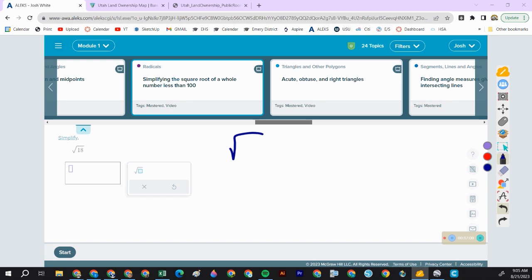So what is the square root of 75? Does 75 have any perfect squares inside of it? 25. So the square root of 25 is 5. And what's left? 25 times what is 75?